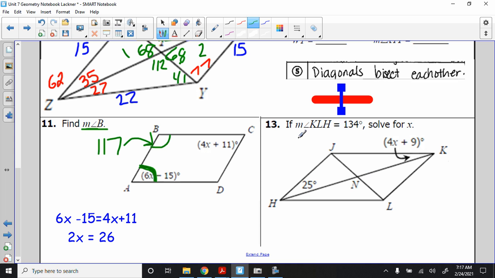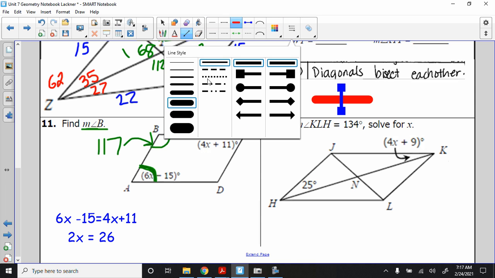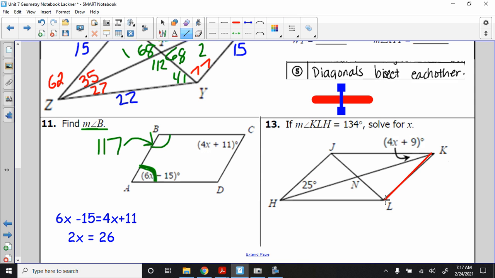All right, so let's do our last one. Let's find KLH. KLH is that entire bottom. If that's 134, that whole bottom is 134.